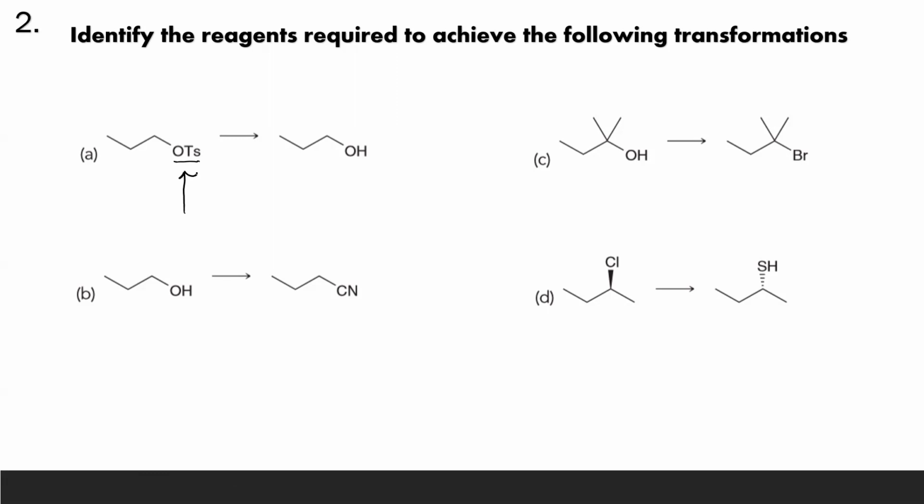And this can then undergo an SN2 type reaction to produce your desired product. And so in this case, this is going to be an SN2 reaction, and we're going to want sodium hydroxide.